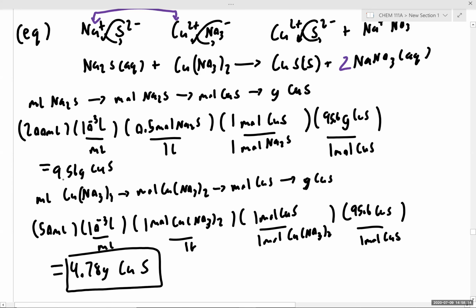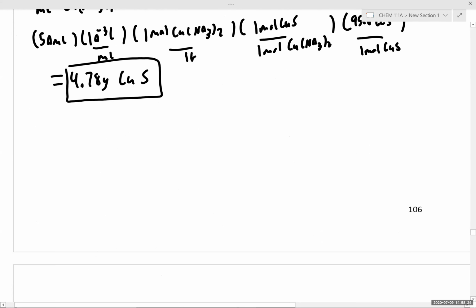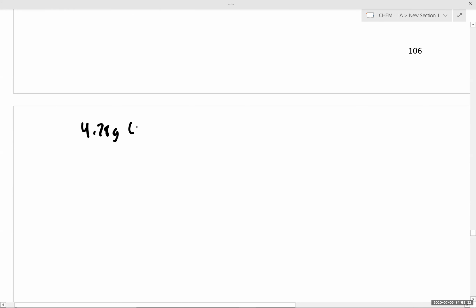And since the smallest mass is generated by the reaction of copper nitrate, it is our limiting reactant. So now what we're going to do is, given that we have 4.78 grams of copper sulfide formed, we're going to calculate next the concentration.